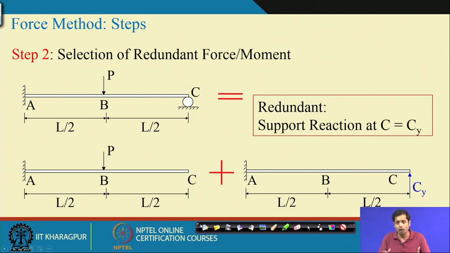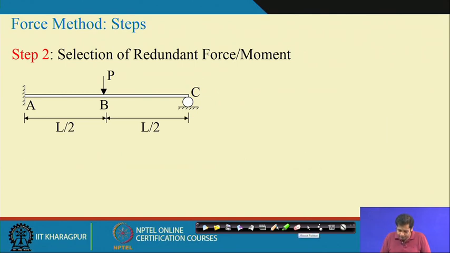Case 1 means this is one way we can choose Cy as the redundant force. So, let us see if there are any other possibilities. Okay. Another possibility would be, again in this structure, if we remove this fixed support here and make it a hinge, this becomes a hinge support and this is a roller support.